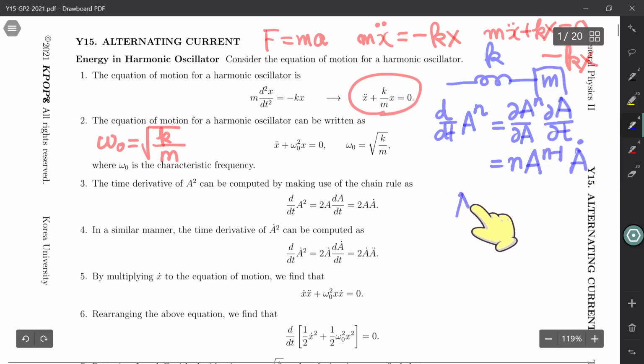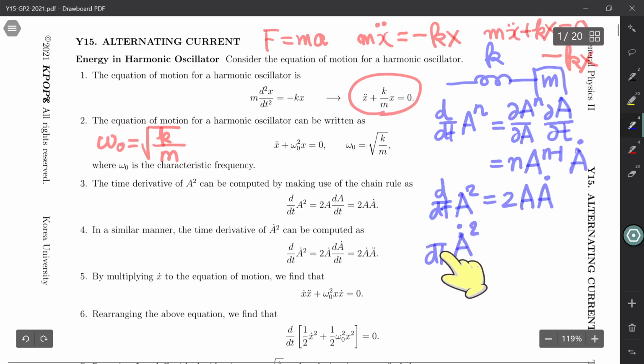Therefore, the time derivative of a squared is 2a times a dot. In a similar manner, this time derivative is 2a dot times a double dot.